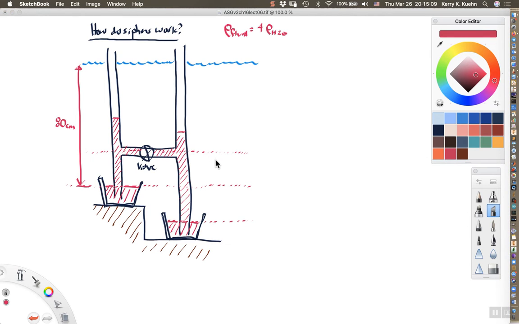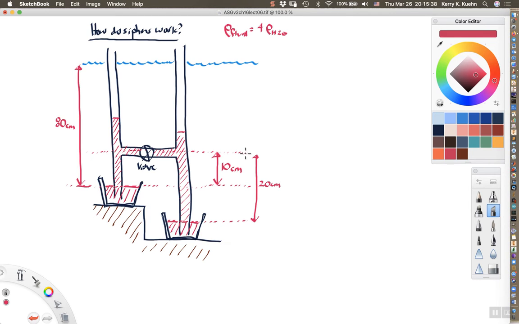And let's suppose the distance from the surface of the liquid there to the center of this tube is 10 centimeters, or 100 millimeters, of course. And let's also suppose that the distance from the surface of the water in the right bucket to the center of the tube is 20 centimeters, or 200 millimeters.